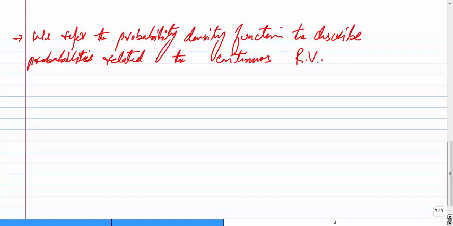The main idea is that in a continuous random variable, the probability at a fixed point is 0. For that case we define the continuous random variable.